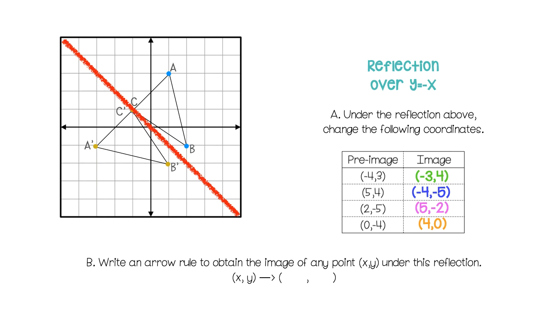Okay, so what's happening is not only are they switching places, but they're changing signs. So y is coming to the front, but it's actually changing its sign. X is going to the back, and it's changing its sign. So for the reflection over the line y equals -x, our rule is x, y changes to -y, -x.